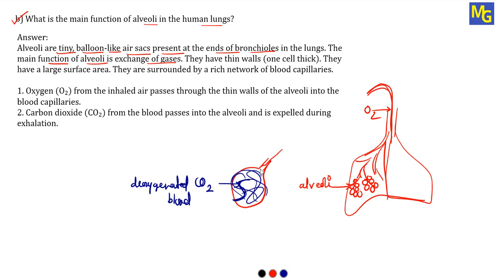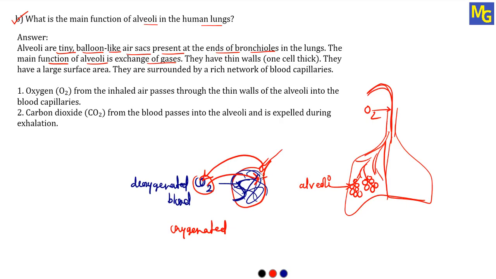And once the human inhales, oxygen will go inside and be present inside the alveoli. Now what will happen? CO2 from these blood capillaries will be taken by the alveoli, and oxygen will be given to the blood. By this process, the blood will become oxygenated or pure. Then what about the CO2 which has been taken by the alveoli?